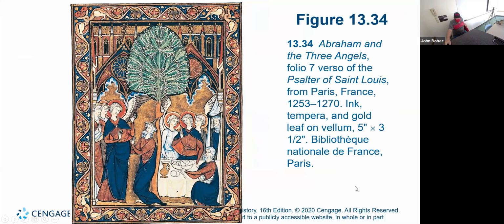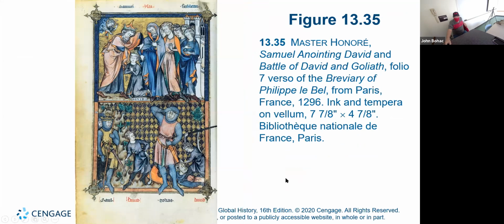And again, the illuminated manuscripts, the Psalter of St. Louis prayer book. This all continues. This is something that starts in the Middle Ages. And again, for the most part, all of the artistic activity is dedicated to Christianity.